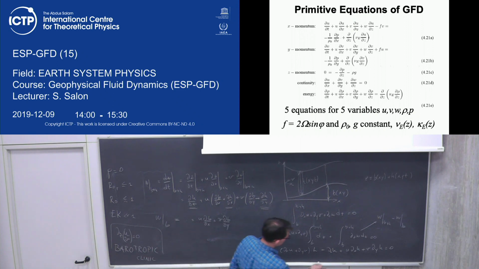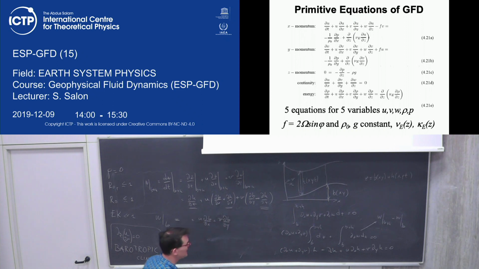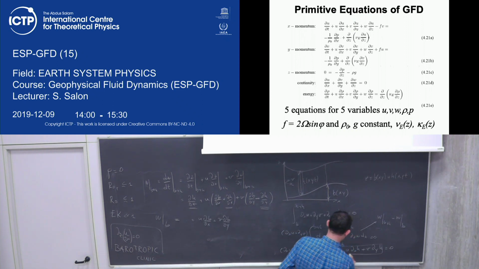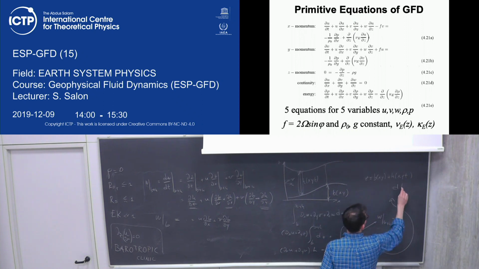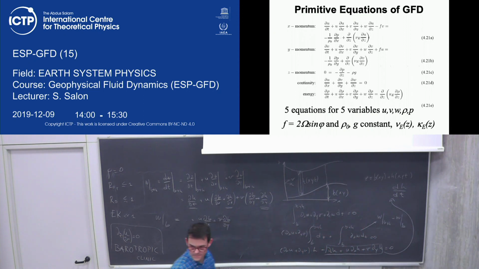So these three terms here are the local derivative of h and the advection of h due to the horizontal current. So I can write these three as a total derivative of h in time.